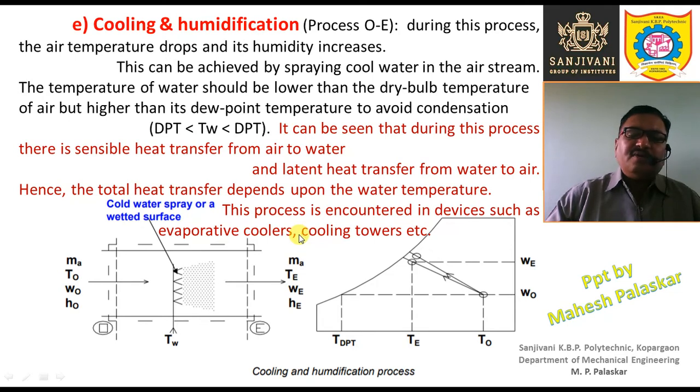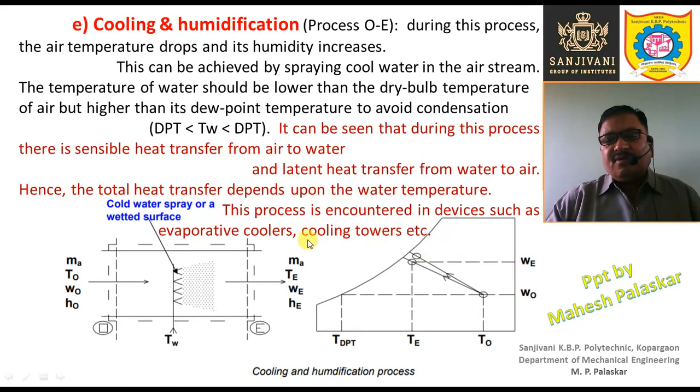Nowadays we are going for air conditioners, but evaporative coolers are cheap as compared to air conditioners, and in dry areas such evaporative coolers are effective. This process is very common in areas like Rajasthan, where the environment is very dry, where the humidity is less.